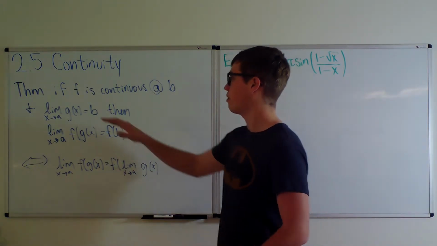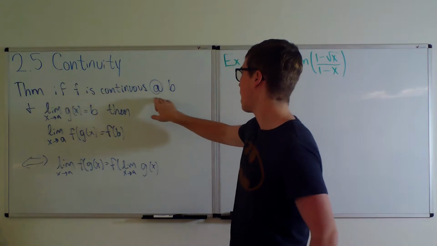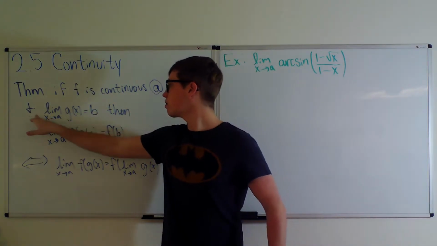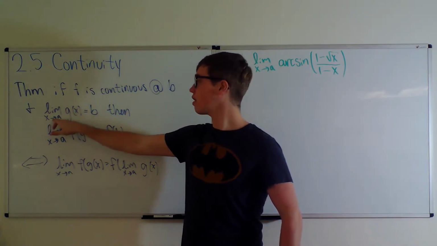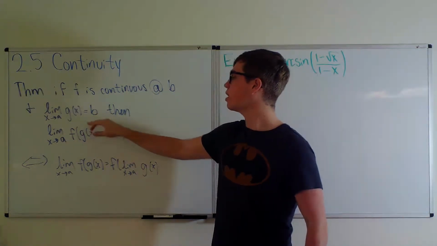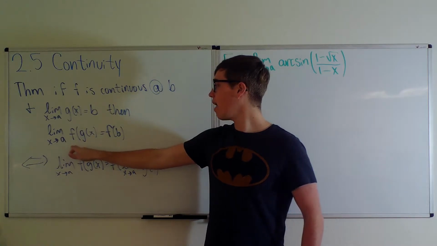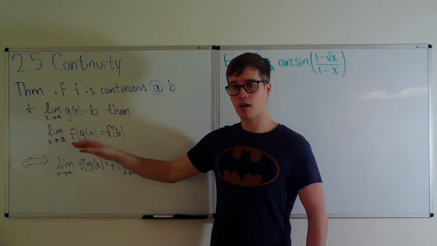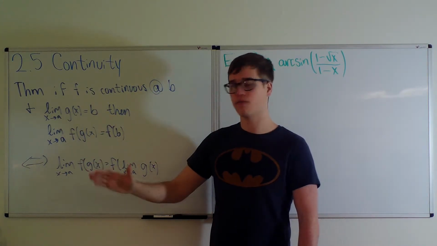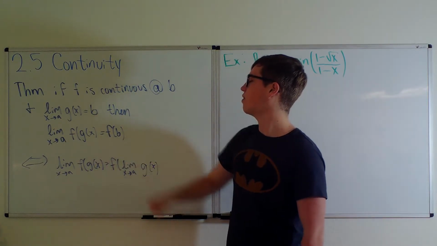The theorem: if f is continuous at b and the limit as x approaches a of g of x is equal to b, then the limit as x approaches a of f of g of x, the composition function, is equal to f of b.